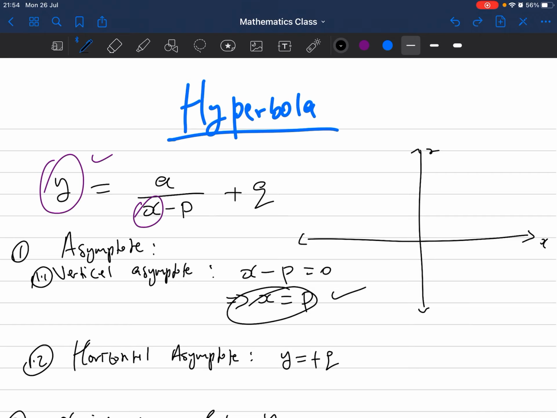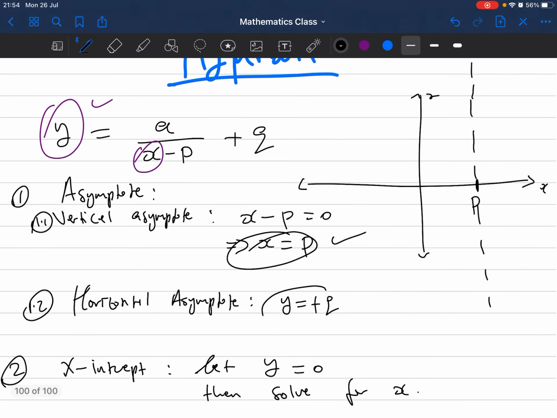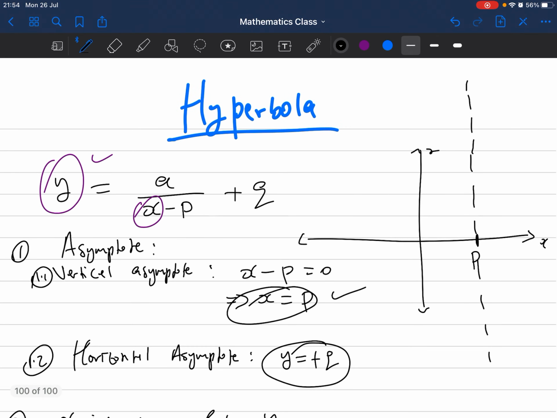So let's say this point here is P, and the vertical asymptote is a line passing through P. That's your vertical asymptote. And horizontal asymptote to be this one. So let's say we have this point here, let's call this point Q. So your horizontal asymptote is this line here.